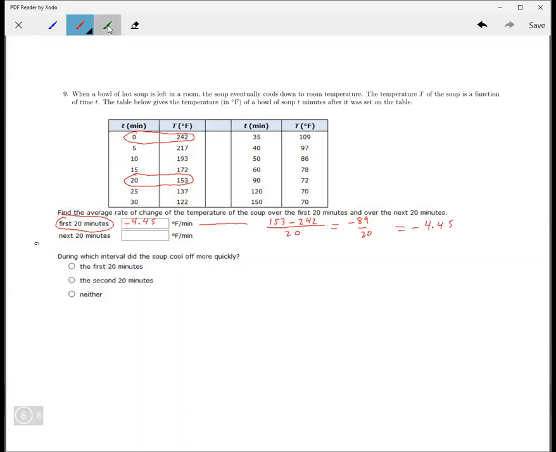Then for the second one, you get the next 20 minutes, so that's going from 20 to 40. That's going to be the ending temperature minus the beginning temperature, all over the ending time minus the beginning time.